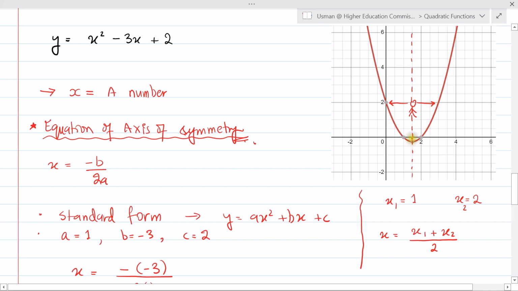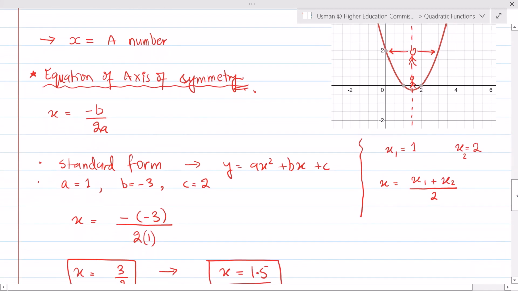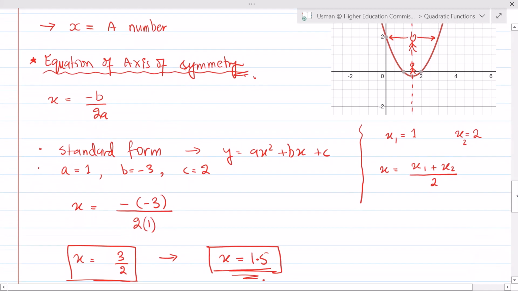The same rule applies to the x-intercepts, which should be at the same distance away from you on both sides. So you are actually standing in the middle of both x-intercepts. And in maths, we already know how to find the middle, or the average, of two numbers: we simply add them and divide by 2.